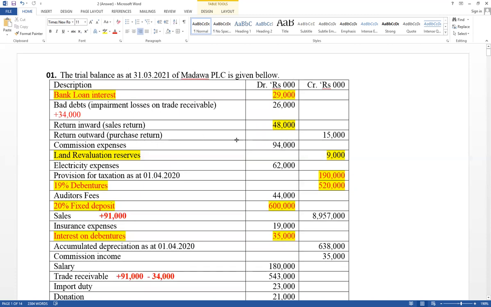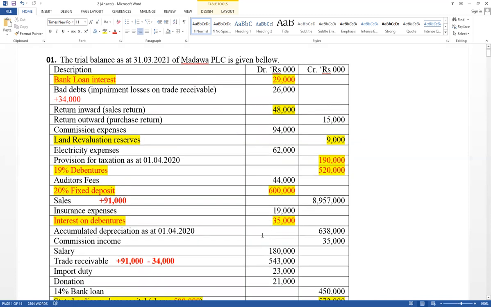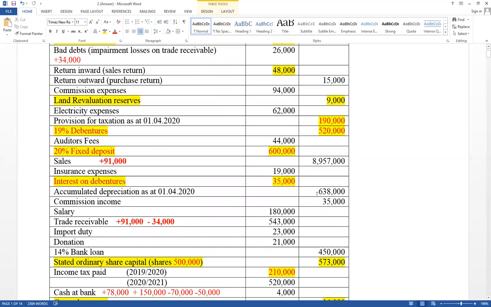Think about return outwards. This is a purchase return under cost of sales calculation. Commission expense, distribution expense. Electricity expense, administration expense. Then audit fee, administration expense. And correct sales value, income statement; it has been considered already. Insurance expense, administration expense. Accumulated depreciation, consider.